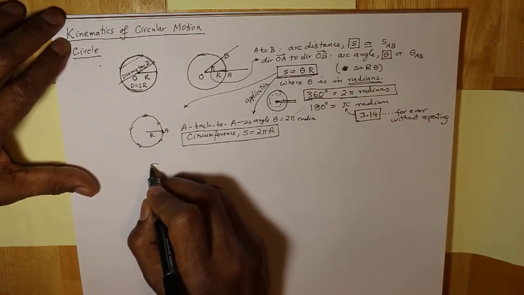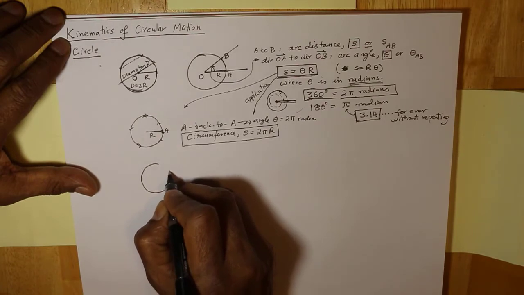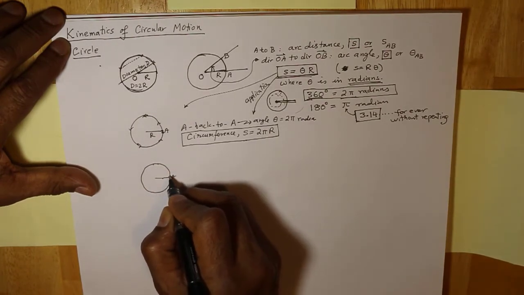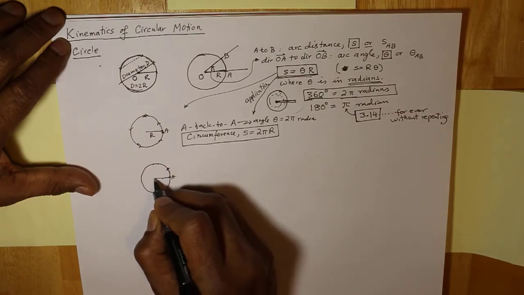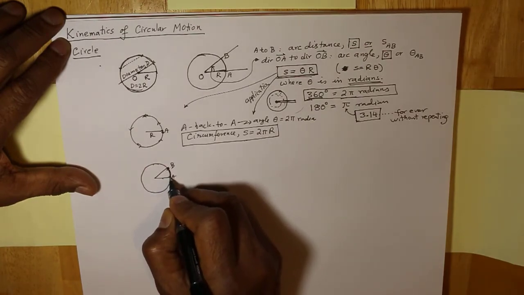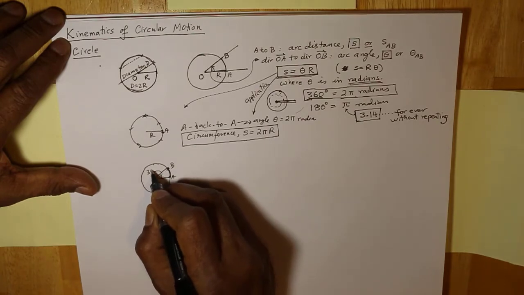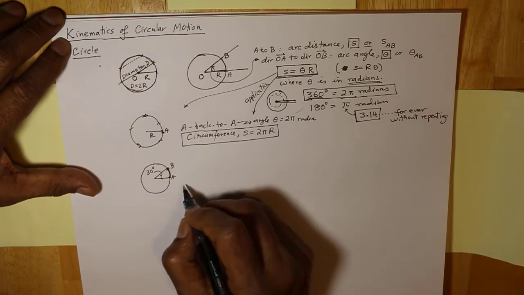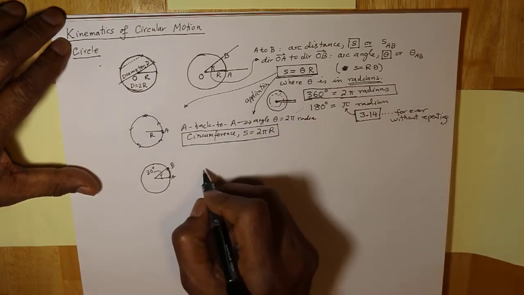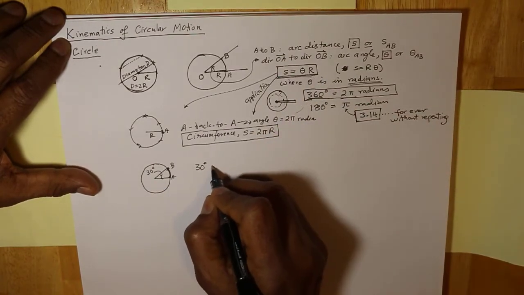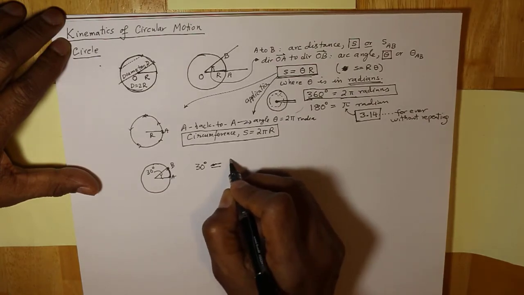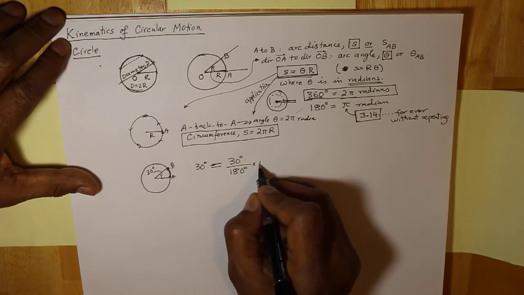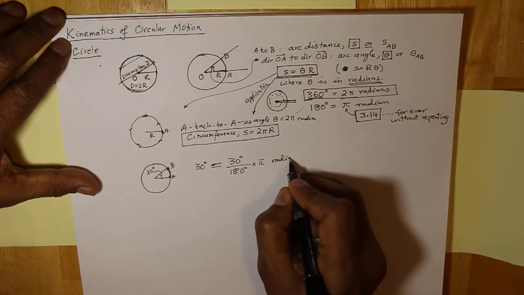So for instance, say you were at A and then you went 30 degrees. So that's B. How far did you go? We will write down 30 degrees in radian and apply that formula. So 30 degrees in radian will be 30 degrees divided by 180 degrees times pi radian.